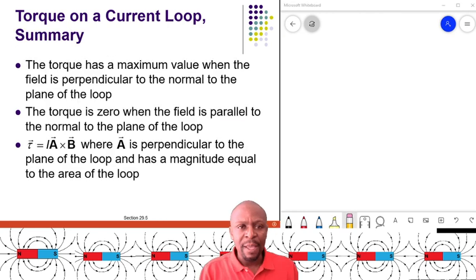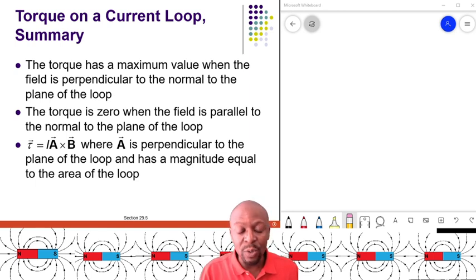Right. Now the torque has a maximum value when the field is perpendicular to the normal to the plane of the loop. Why is that? Because theta, the angle between the vector area and B, is 90, and the sine of 90 is just a maximum. The torque is 0 when the field is parallel to the normal to the plane or antiparallel.